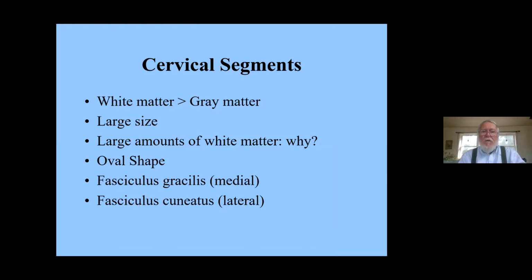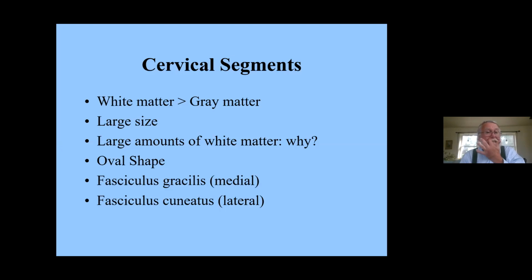We're going to be talking about the cervical segments, the thoracic segments, the lumbar segments, and the sacral segments. And the things we're going to be seeing with a cervical segment is that there is, first of all, an enormous size. It's very, very large. And there's far more white matter than gray matter.